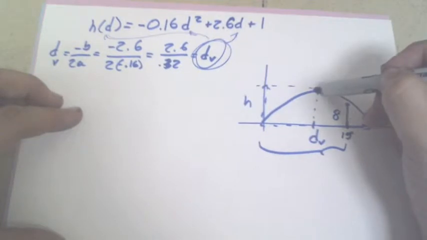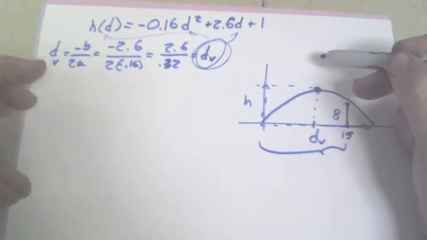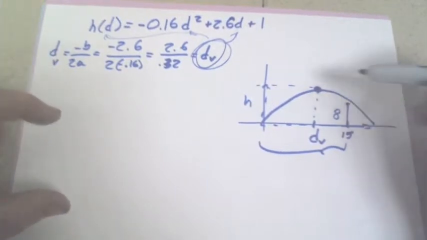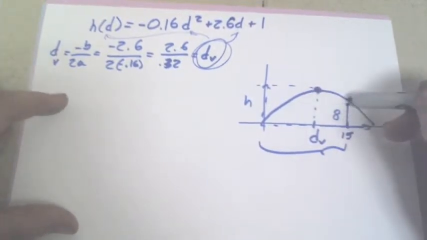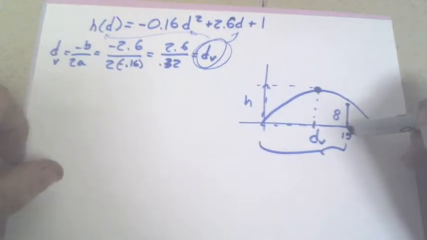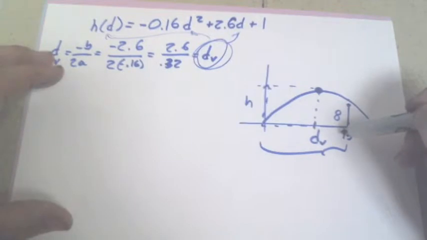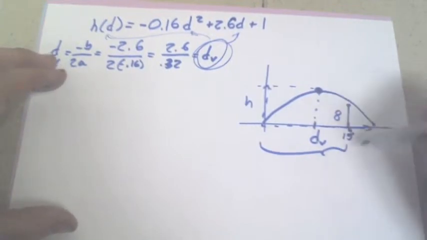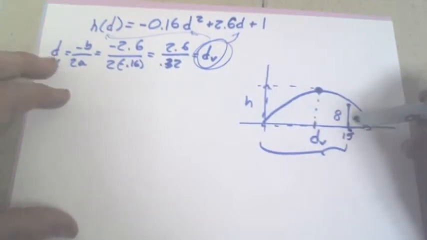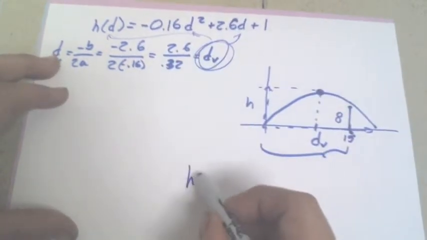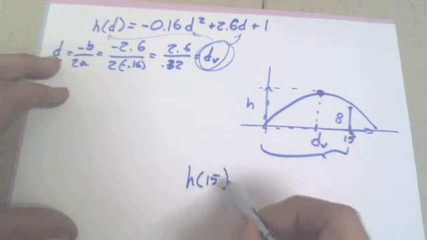Well, if this maximum height is more than 8, that doesn't necessarily mean it's going to clear the fence. It'll only clear the fence if it's still above 8 after 15 feet. I mean, this thing could go up 20 feet and come back down so fast that it's not going to get over this fence. To know if it's higher than the fence at 15 feet, all we want to do is ask, what is the height at 15 feet?